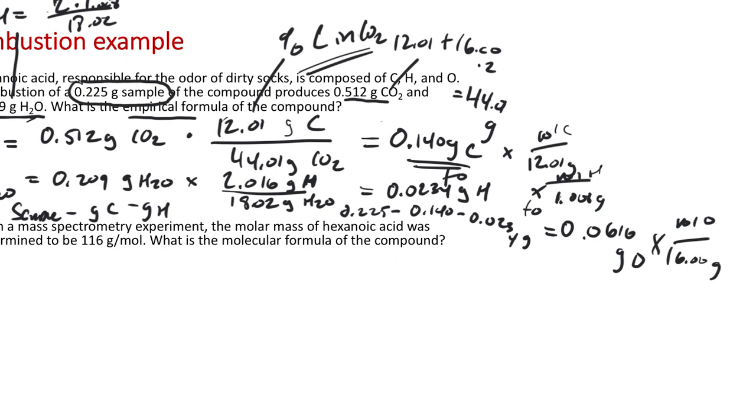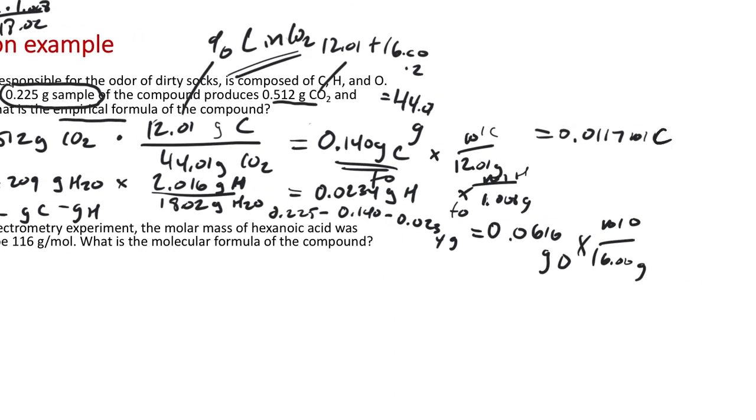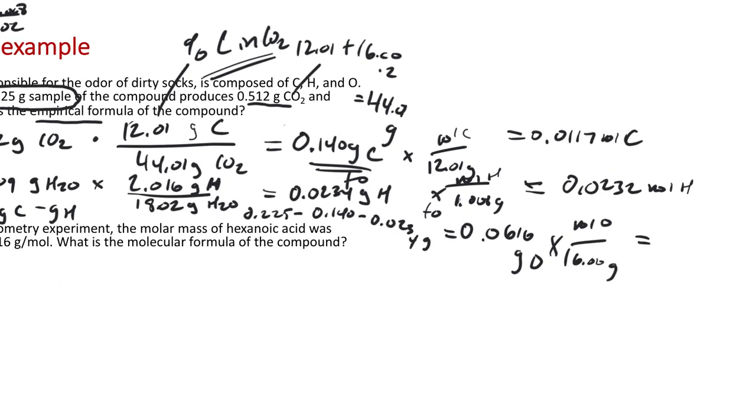So I get 0.0117 moles of carbon. 0.0234 divided by 1.008 for moles of hydrogen. That's 0.0232 moles of hydrogen. 0.0616 divided by 16 is 0.00385.